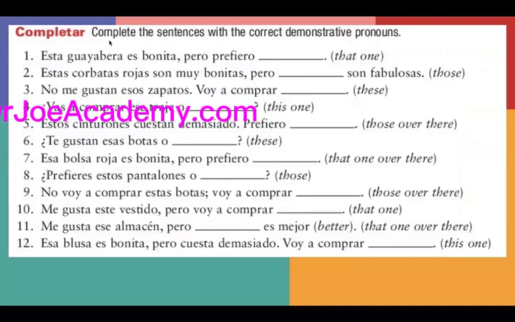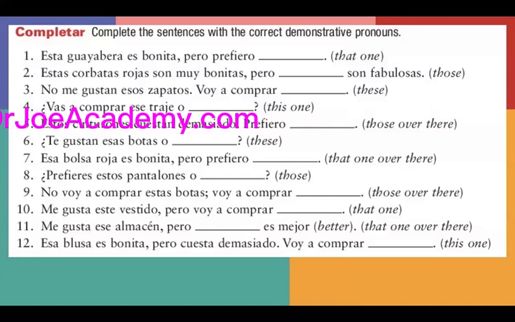So what you're gonna do is fill in the blank with the correct demonstrative pronouns. So the one with the accent. Typically, we would have the noun after, but with demonstrative pronouns, then we don't need a noun. These can be done after.